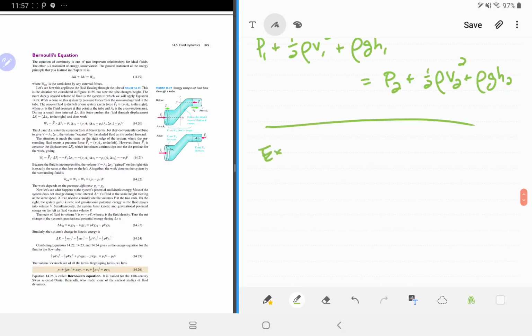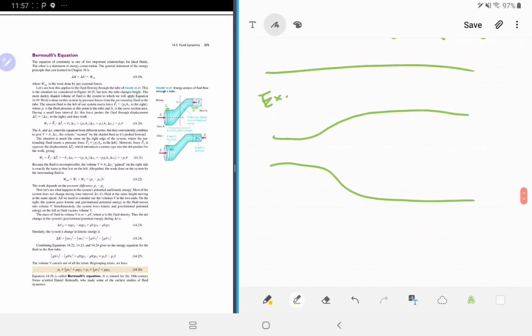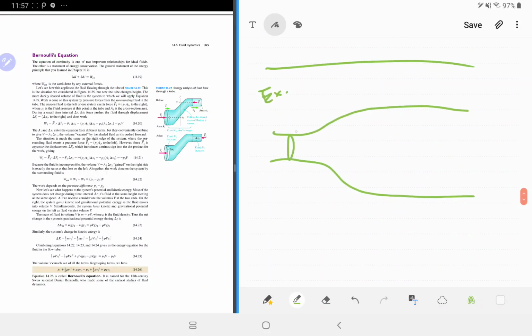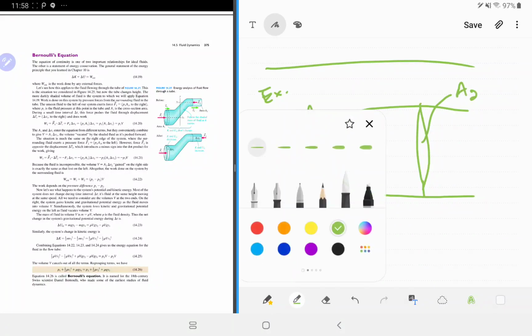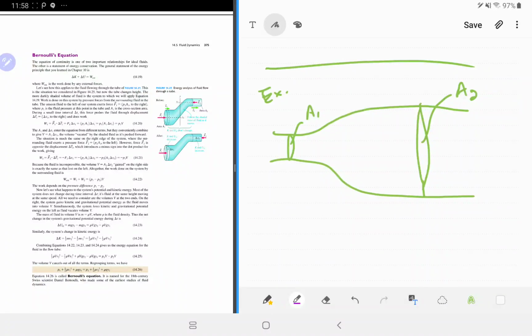So for a particular example, we have a pipe that expands like this. We have some area A1 here, and a bigger cross-sectional area right here, A2. From continuity, we know V2 has to be less than V1, right? Remember, V1A1 is equal to V2A2.